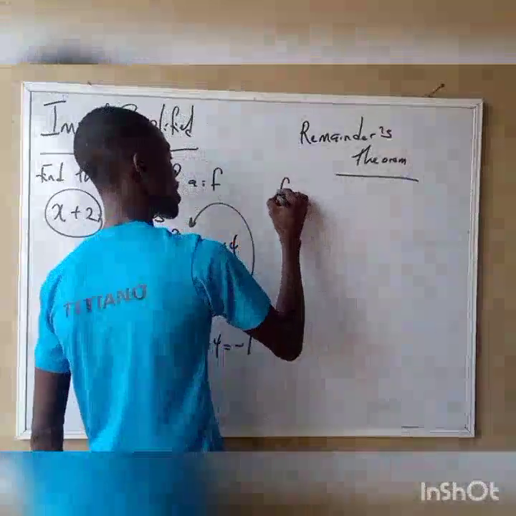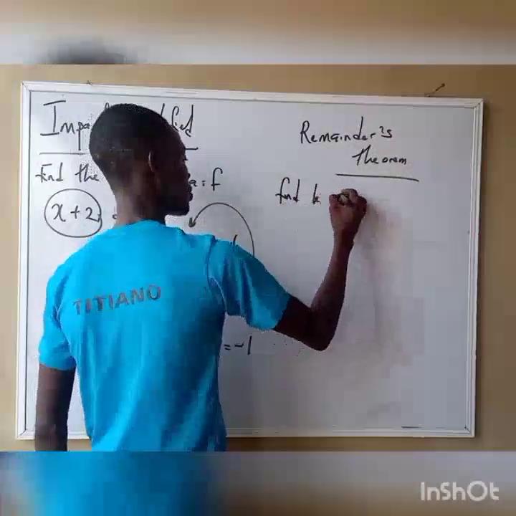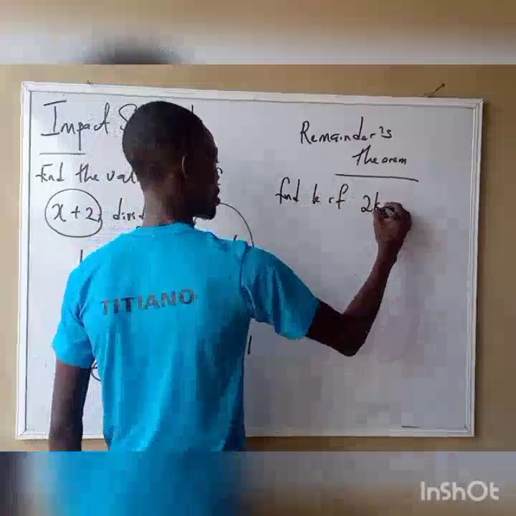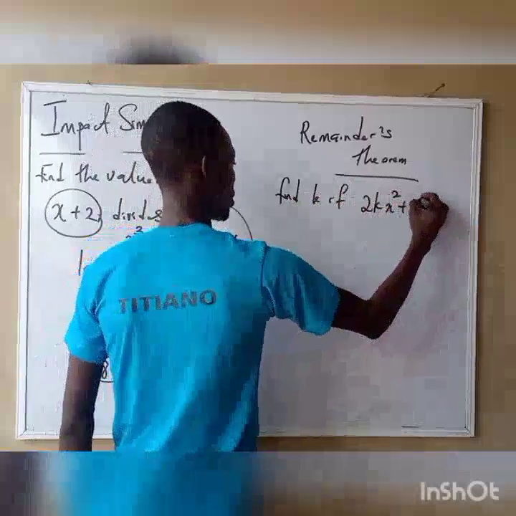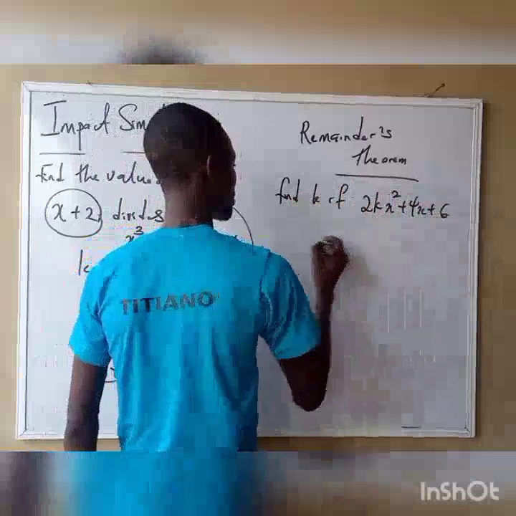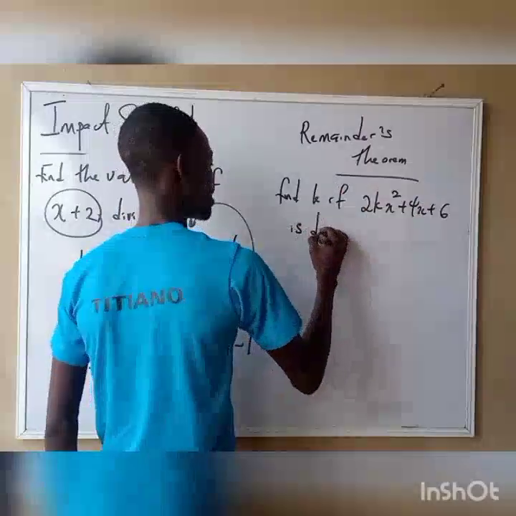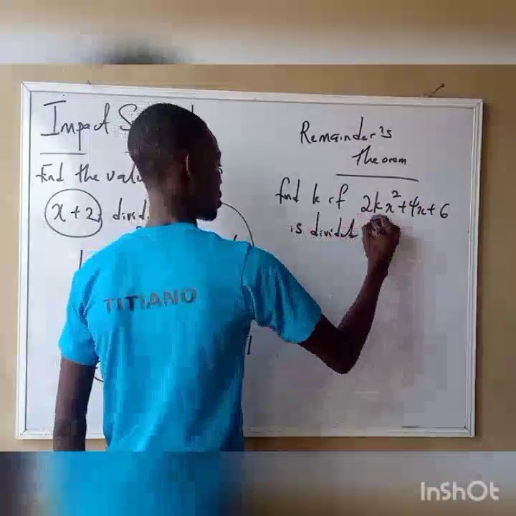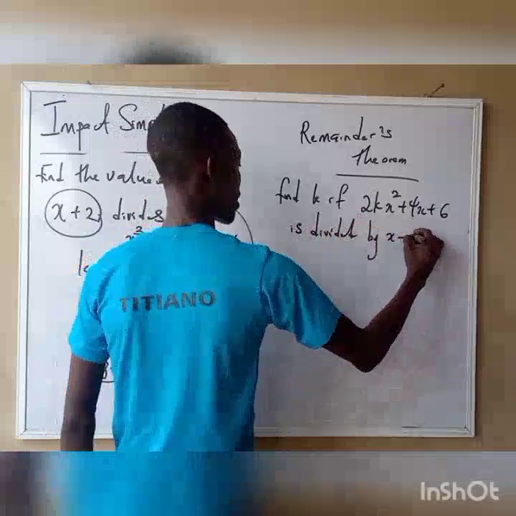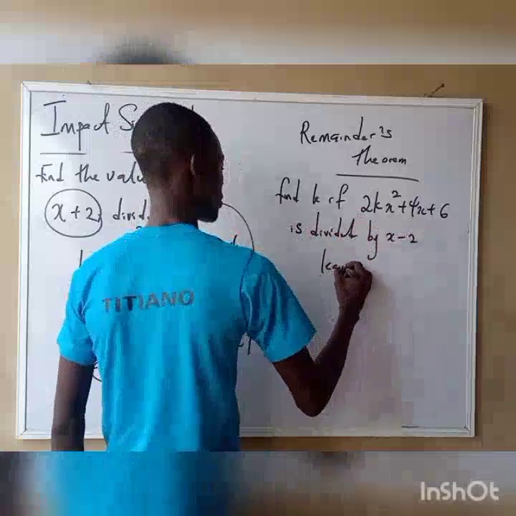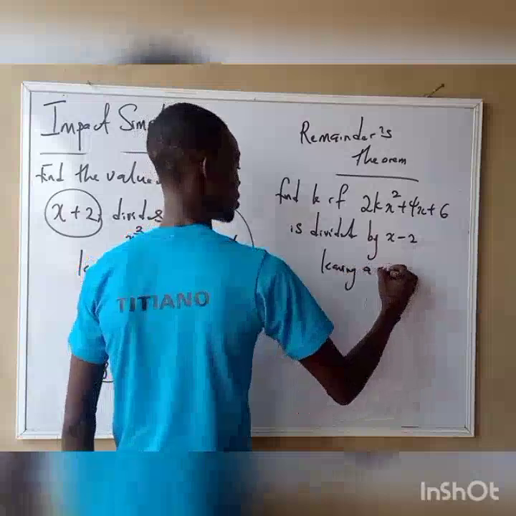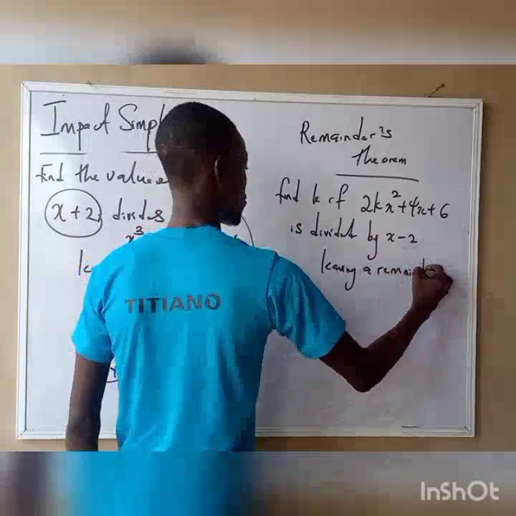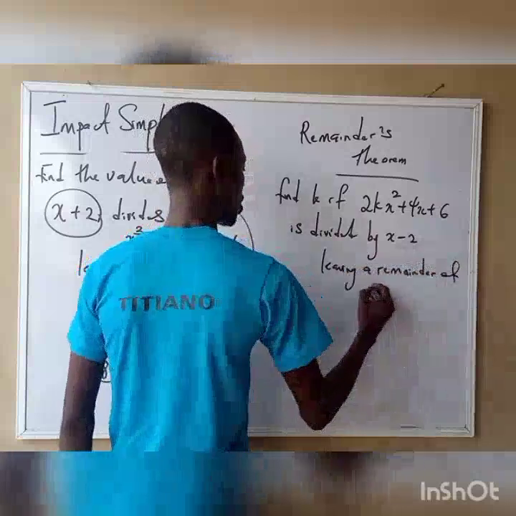They said we should find k if 2k x squared plus 4x plus 6 is divided by x minus 2, leaving a remainder of 2.